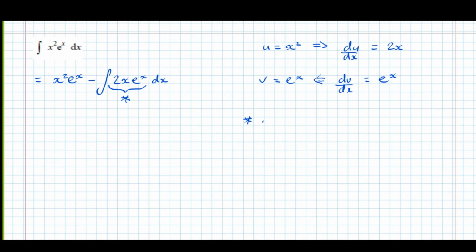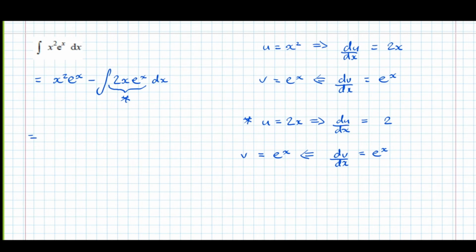So in this case, let u equal 2x, which means that du by dx equals 2. Let dv by dx equal e to the x, which means that v also equals e to the x. So now we're ready to put it into this.